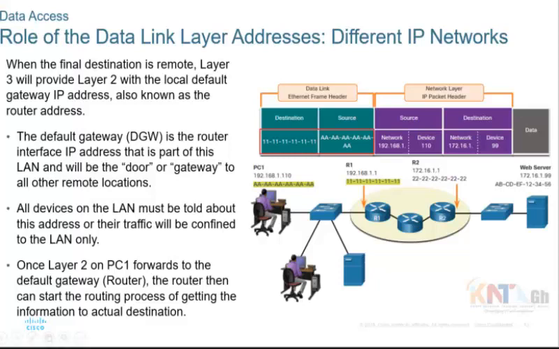So all devices on this LAN must be told of this gateway, so that if they want to send any information, they will use this gateway. Before any host here is able to reach this web server, which is on a different network, it has to use this default gateway, otherwise it cannot reach that network.